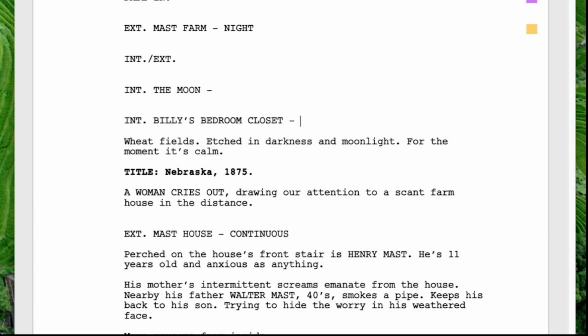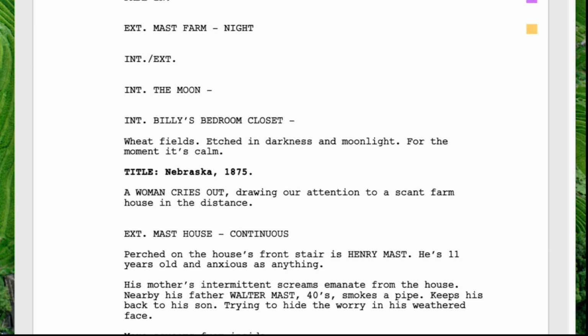Scene headings originally were created for technical reasons, to keep a simple list of shots handy for people who went out into the field during the days of silent movies and made their movies. But now it's much more sophisticated than that. Of course, everybody who's involved technically in your film production needs to know what the lighting is going to be like, what the time of day is like in this scene.